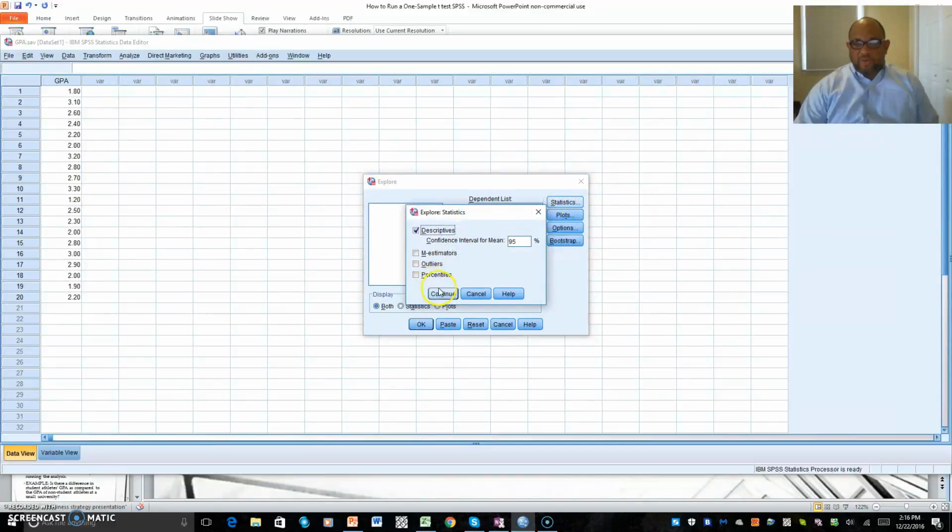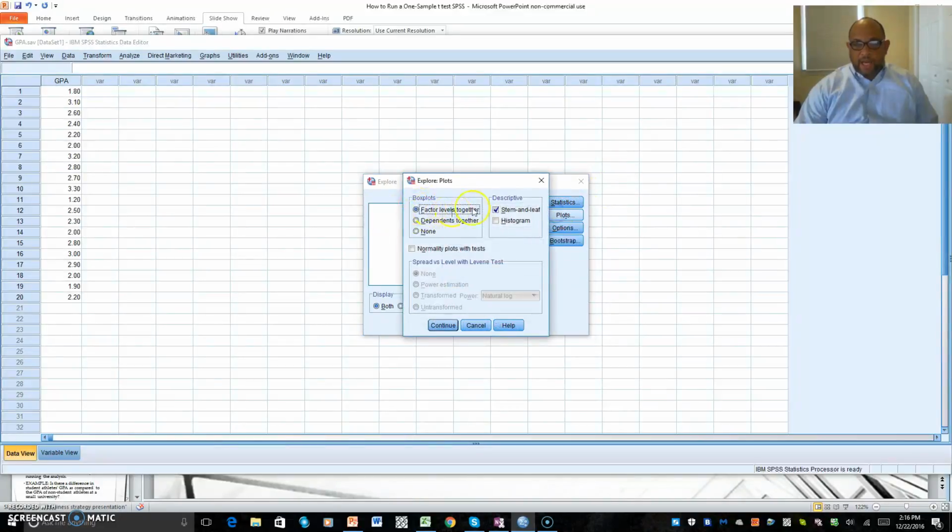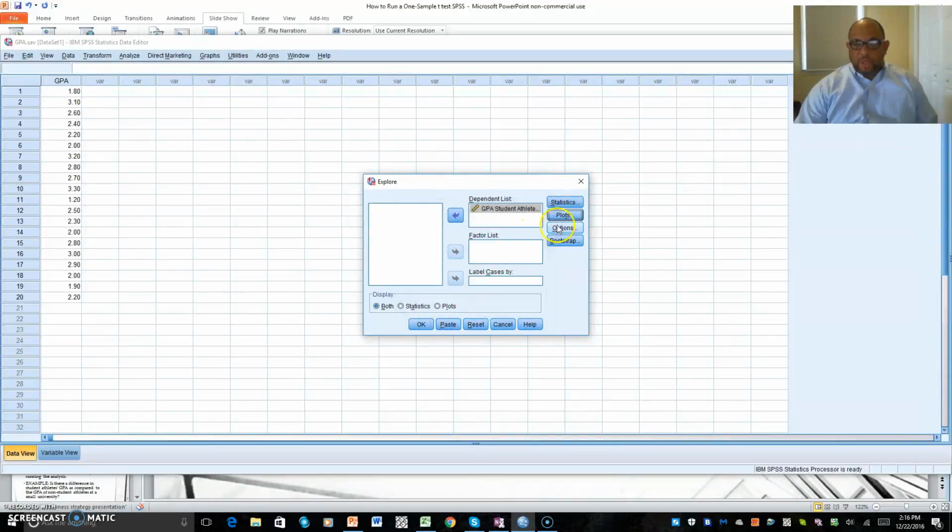Nothing really with the statistics, but the descriptive information. Your plot here, you want to make sure that you use the histogram. We can take the stem and leaf out. Normality plot with tests, we want to use that. Continue. Nothing with the options. I don't want to use anything here with the bootstrap, but under display we want to use both. We want to use the statistics and the plots.